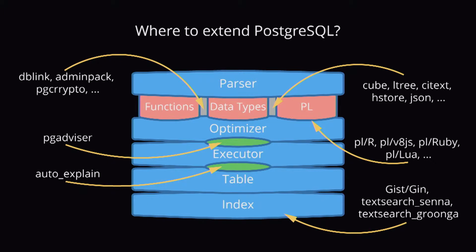With the extension, you can describe a data type. For example, cube extension describes multidimensional cubes. You have a JSON extension which helps you to deal with types that represent JSON. And some other data types are provided in the form of extensions.